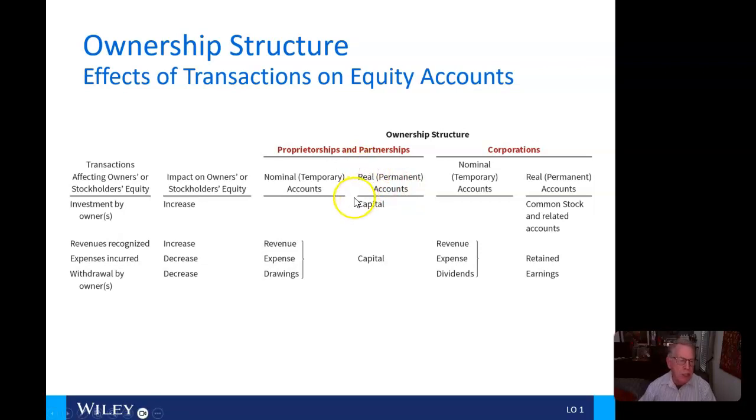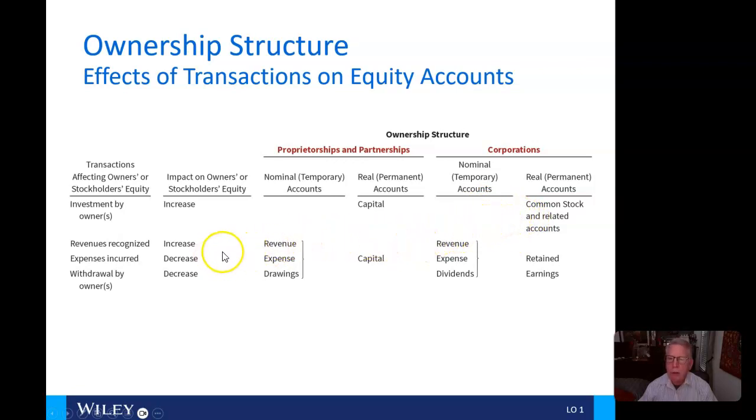I rarely use that term myself, but balance sheet accounts are permanent accounts, whereas our temporary accounts are also called nominal accounts. All right, so these real accounts, the permanent accounts, are ones that we never zero out. Nominal accounts are the ones we do zero out at the end of the month.